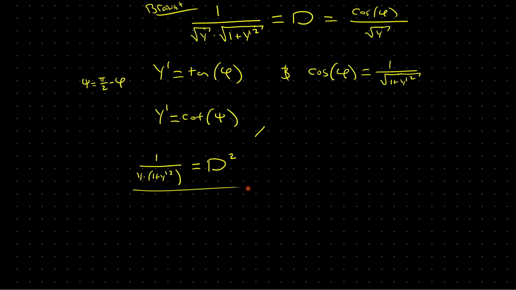This means that this differential equation is the same thing as y times 1 plus y prime squared is equal to 1 over d squared, where we'll call this b squared, where b is some new constant, just so we don't have to write 1 over d squared every single time we write this down.